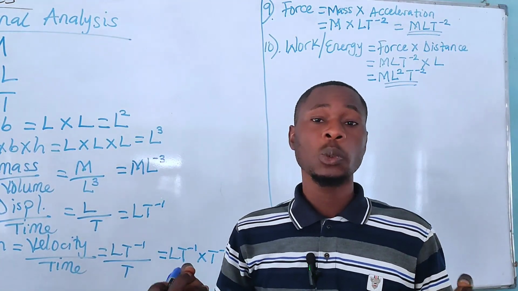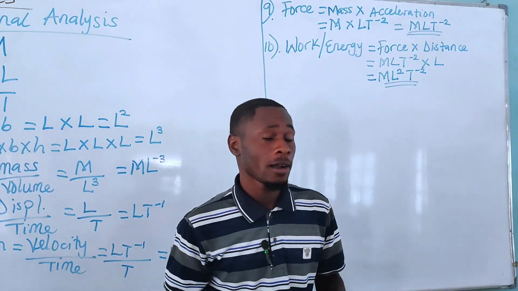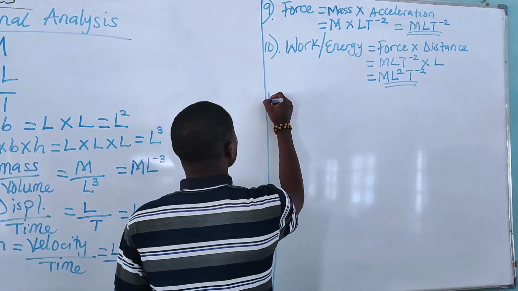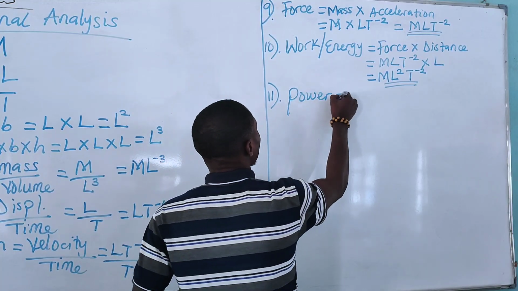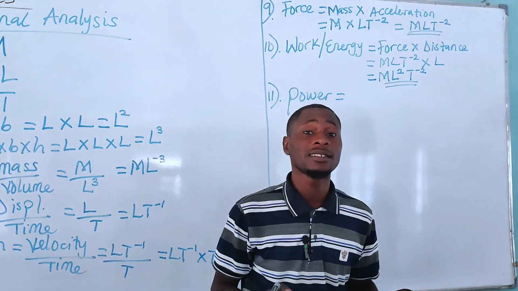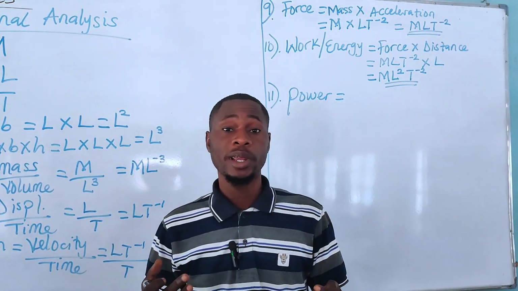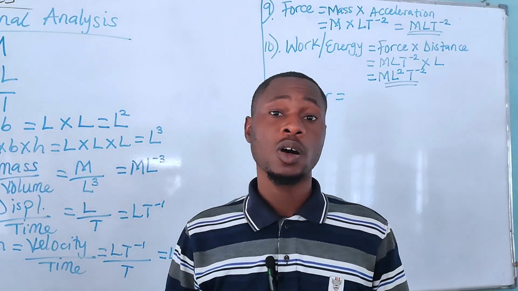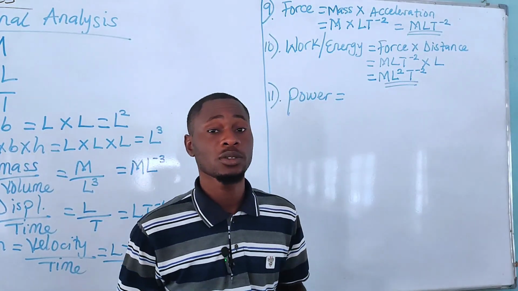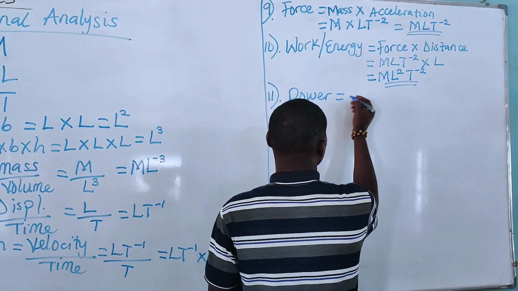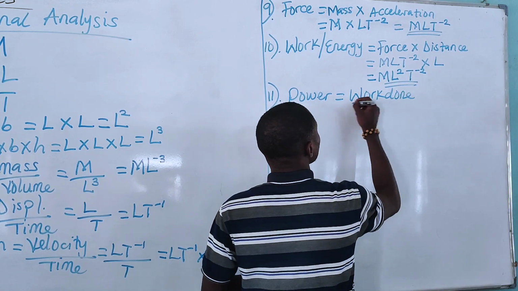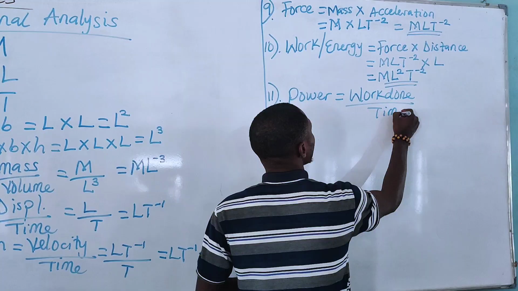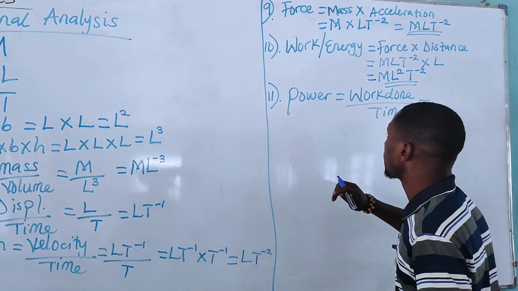Now, the next quantity we will be looking at is power. Power we know is defined as the time rate of doing work, or the rate of work done with respect to time. So power is work done over time. Substitute their dimensions.